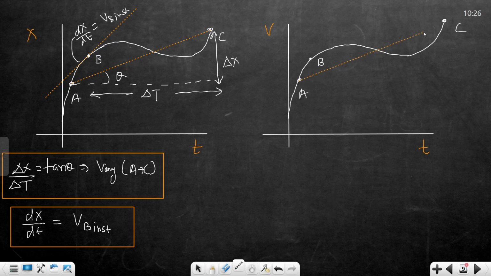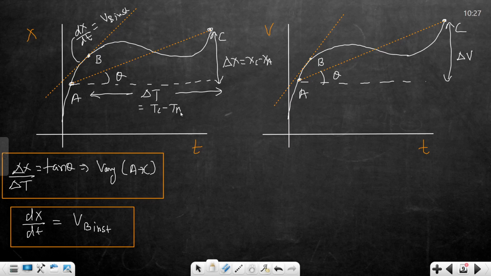So when you connect these dots A and C, and when you take the instantaneous slope at B, what will you get? When you take theta here, what will be delta V? Delta x was xc minus xa, and delta t is tc minus ta. In the same way, here tan theta is equal to delta V upon delta t, that is final velocity minus initial, Vc minus Va, divided by Tc minus Ta.